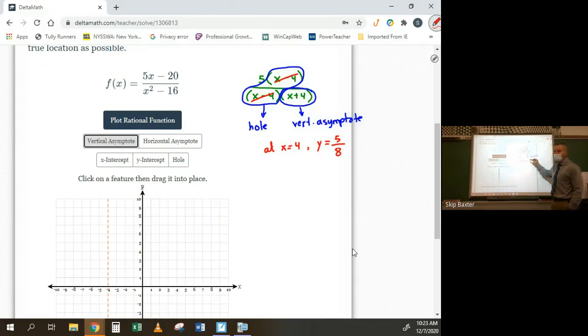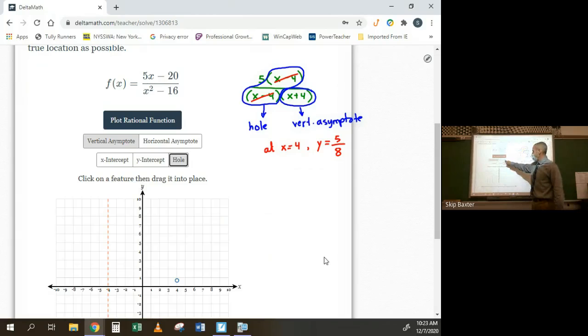So that's the point that you're going to plug in as your hole. You go to hole, click on it, and drag this little hole to the point 4, 5/8. 5/8 is a little less than 1, so something like that. There's where the hole goes. Does that make sense?